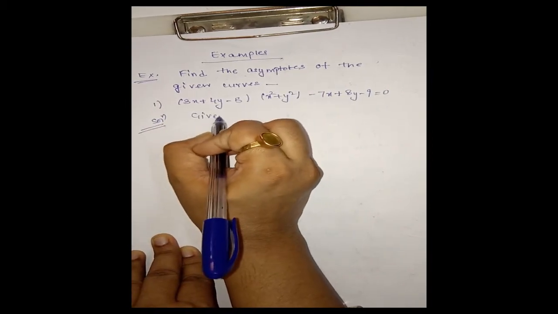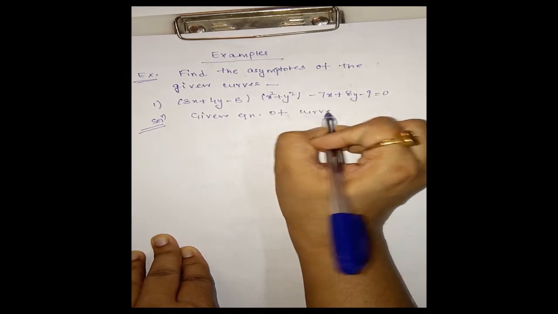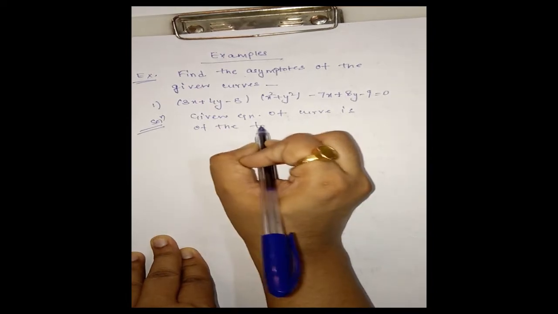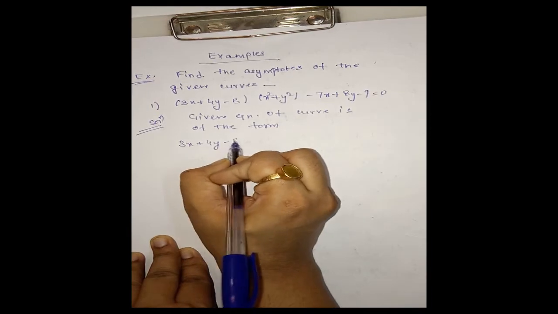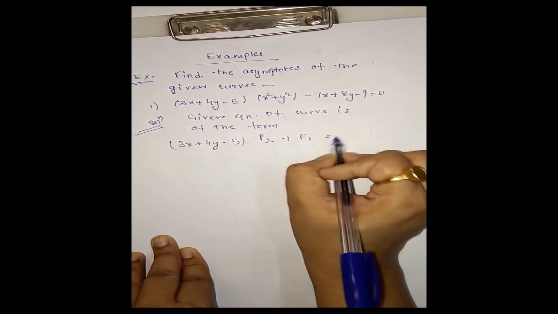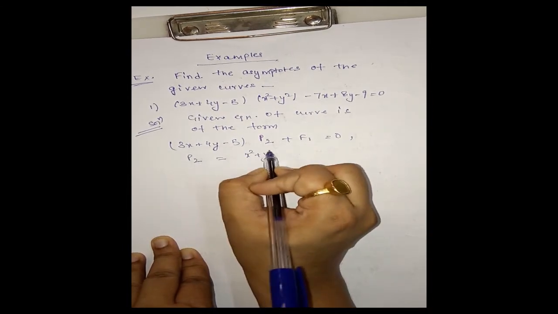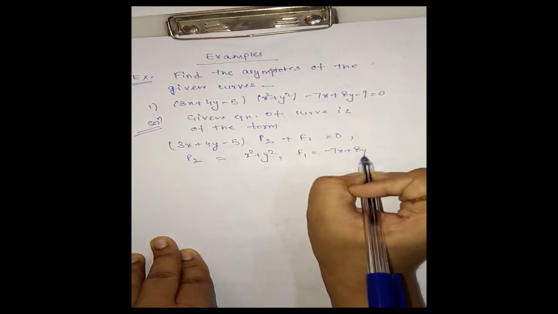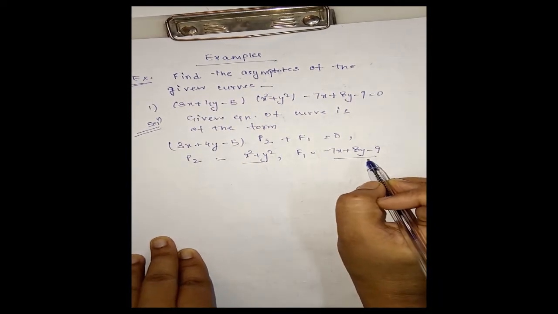Clearly, this equation of the curve is of the form (3x + 4y - 5) P_2 + F_1 = 0, where P_2 is x^2 + y^2 and F_1 is -7x + 8y - 9. P_2 is of degree at most 2 and F_1 is of degree at most 1.